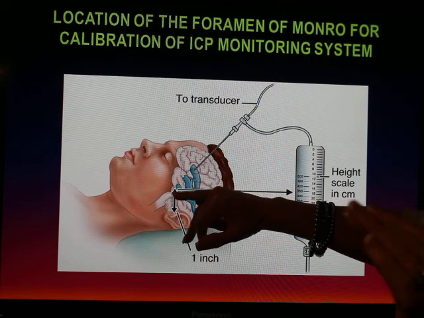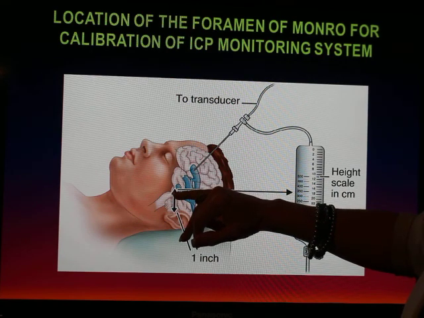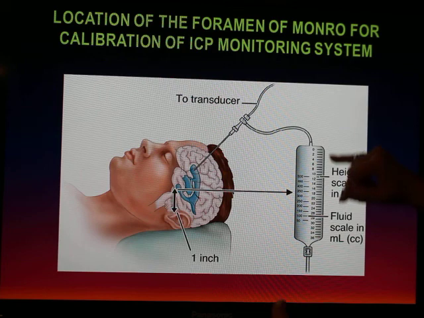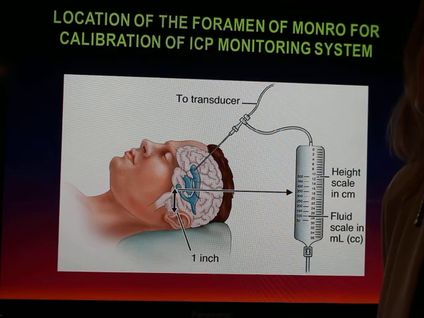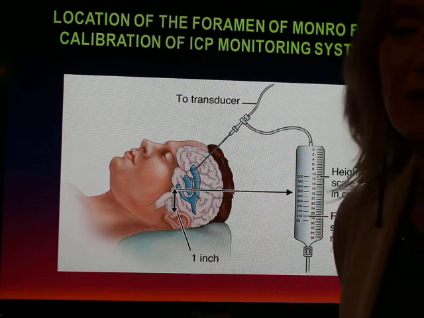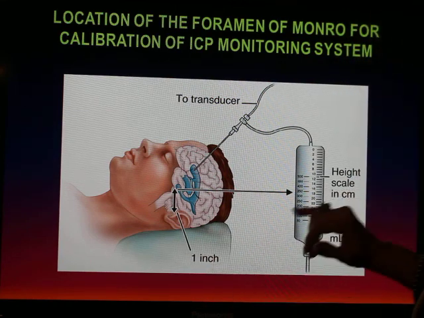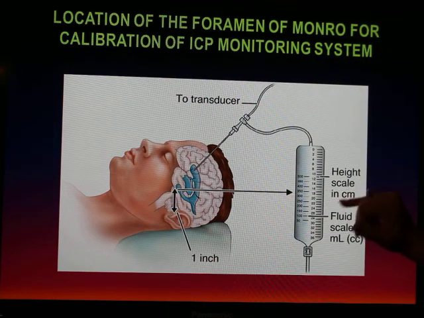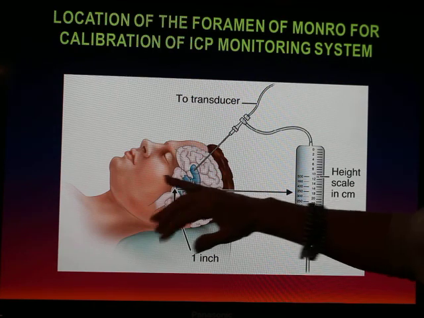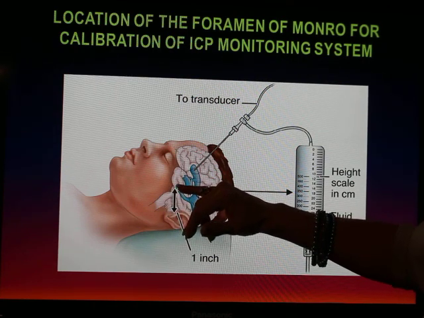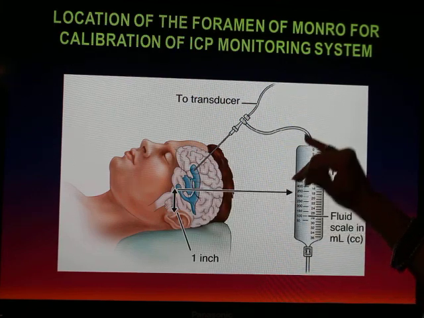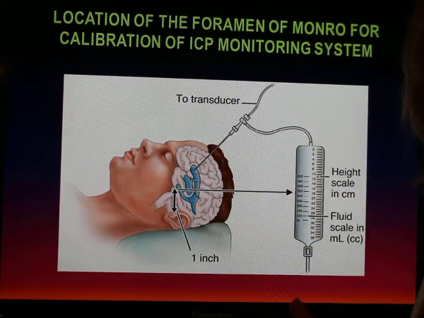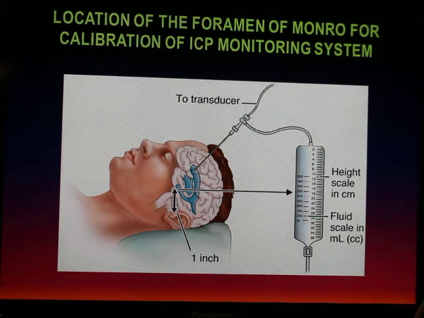You zero mark it there, and then the neurosurgeon will tell you where to set this monitor. Let's say he wants to keep the ICP less than 20, so you would set this at the 20 cc mark. If the intracranial pressure gets higher than that, it will go up into the catheter and drain into the bag, and that's one way you can pull off cerebrospinal fluid.